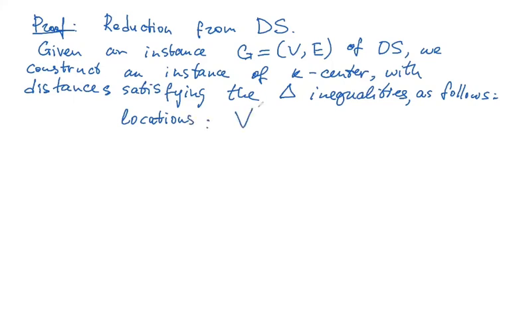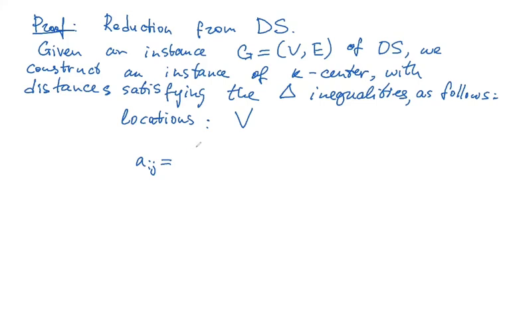So the vertices will be our locations, right? And then Aij will be defined as follows. Aij will be depending on whether you have an edge in the original graph G between i and j.